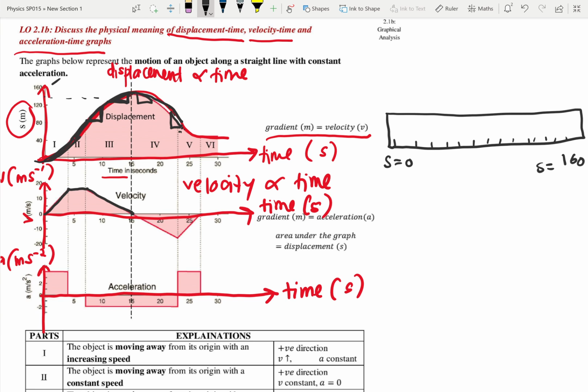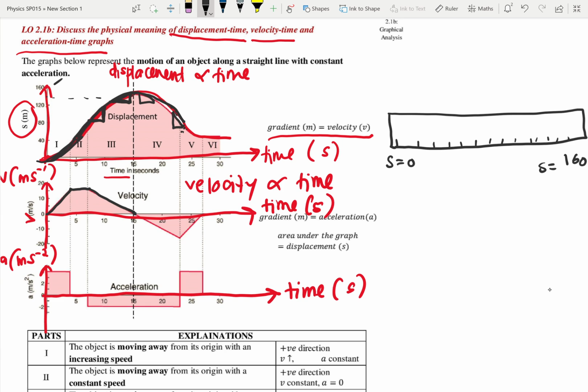From the graph of displacement against time, at t0 the object is at displacement 0, right? At this point, and then at t 5 second, it has already moved to the 40 meter, right? So this is part 1. Part 2, it still moves to the 80 meter. Part 3 also increases until part 3.